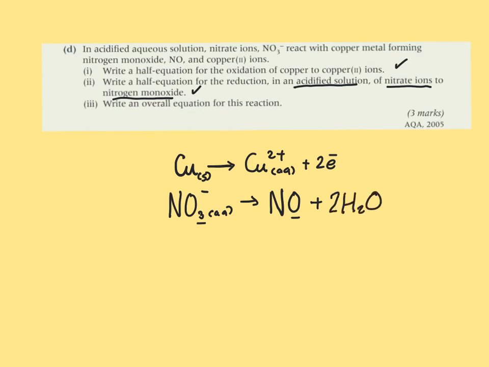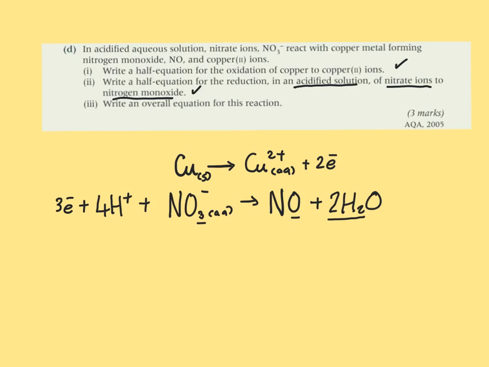However, now we've got an excess of 4 hydrogen atoms, and these become 4 hydrogen ions on the left hand side. Let's now check our charge. The overall charge on this side is +4 minus 1, which is +3, and no charge on this side. So now we need to add 3 electrons to the more positive side to balance out the charge.